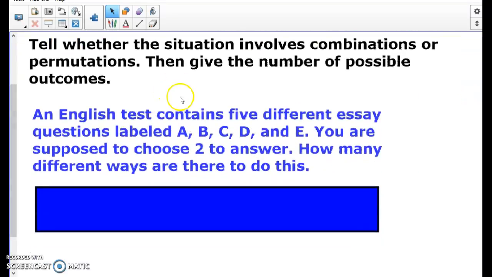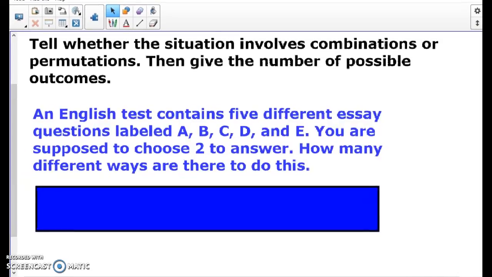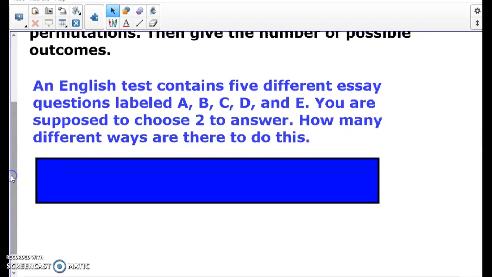Something like this: an English test contains 5 different essays labeled A, B, C, D, E, and you're supposed to choose 2. How many different ways are there to do this? Alright, so again, you have 5 questions on this test, A, B, C, D, E, you have to choose 2. How many different ways can you answer 2 of those questions?